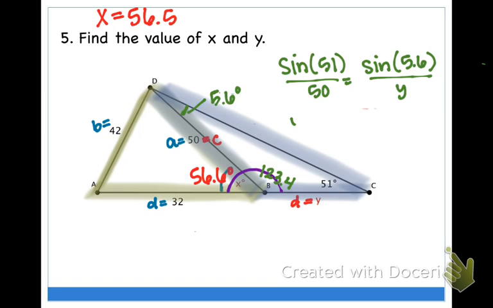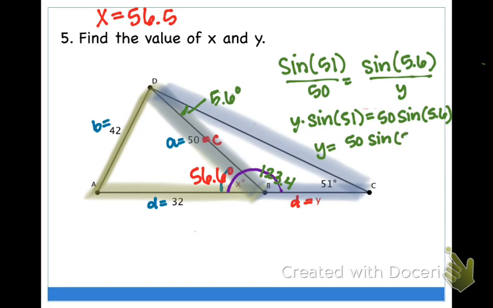But I want to do some cross multiplication. So I get y sine of 51 equals 50 sine of 5.6. And I don't even have to do any inversing here. I'm just going to divide. So y is going to equal 50 times sine of 5.6 divided by sine 51.